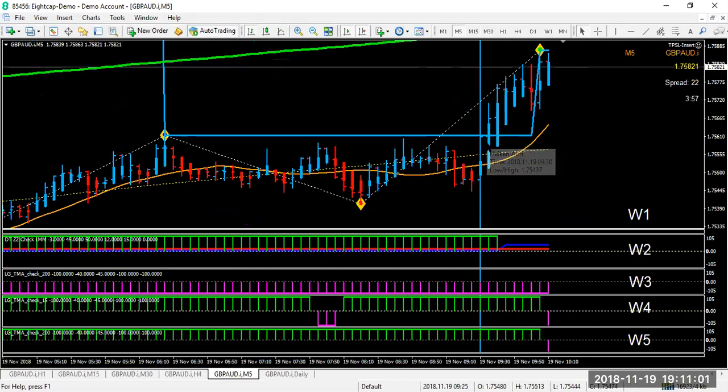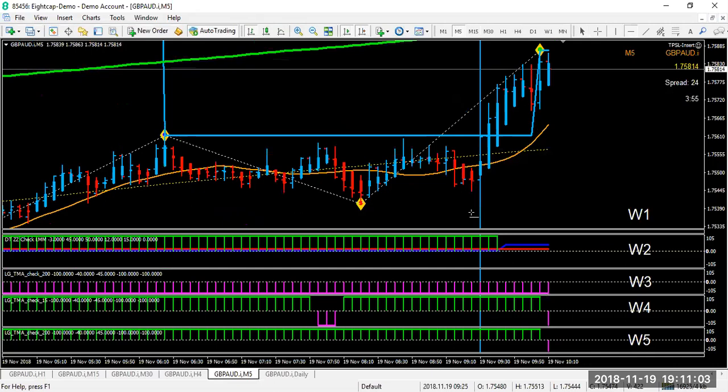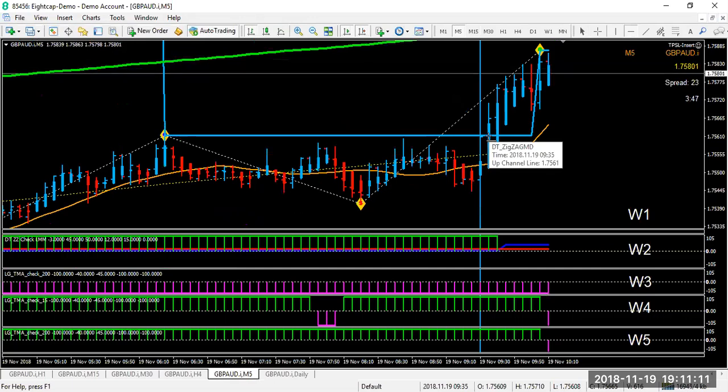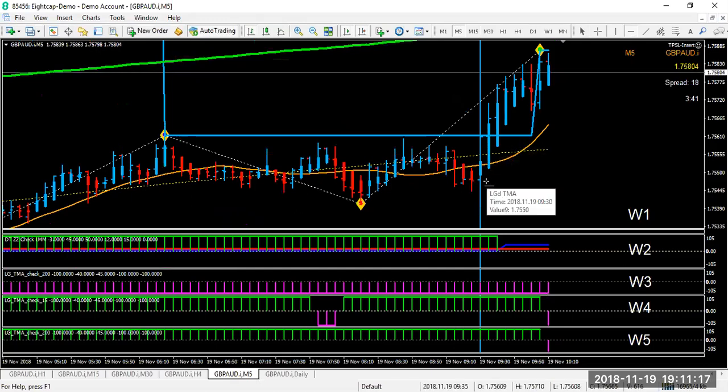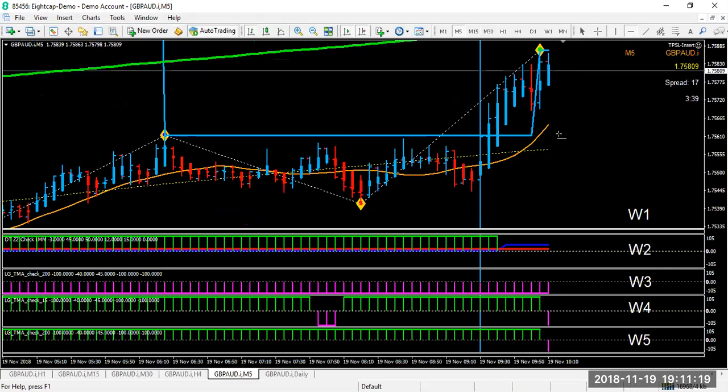The candle after, the price actually opened in the wrong zone, didn't it? So on step 2 we wouldn't be able to enter it, but assume that it is in the right zone. You've placed your trade, so your trade's on.